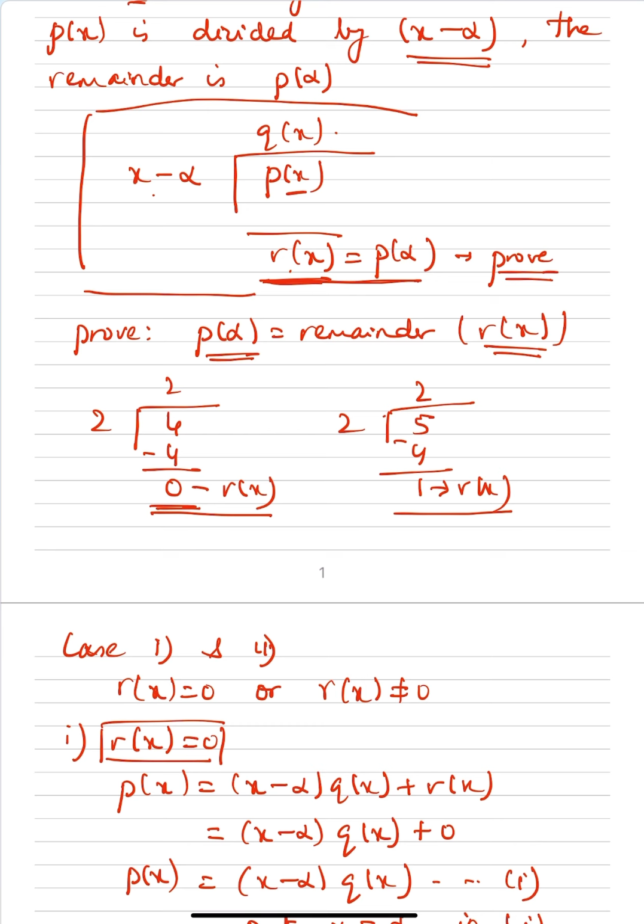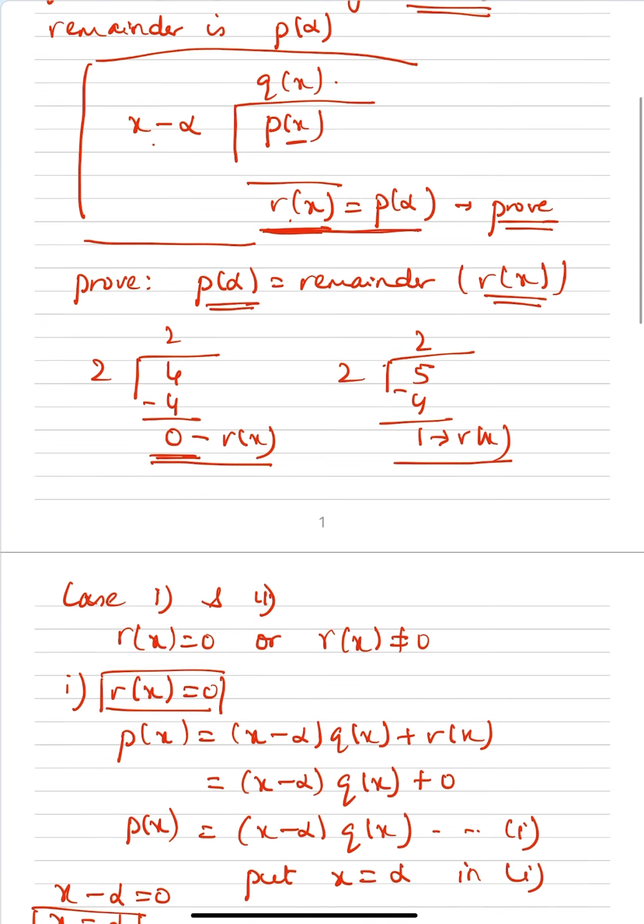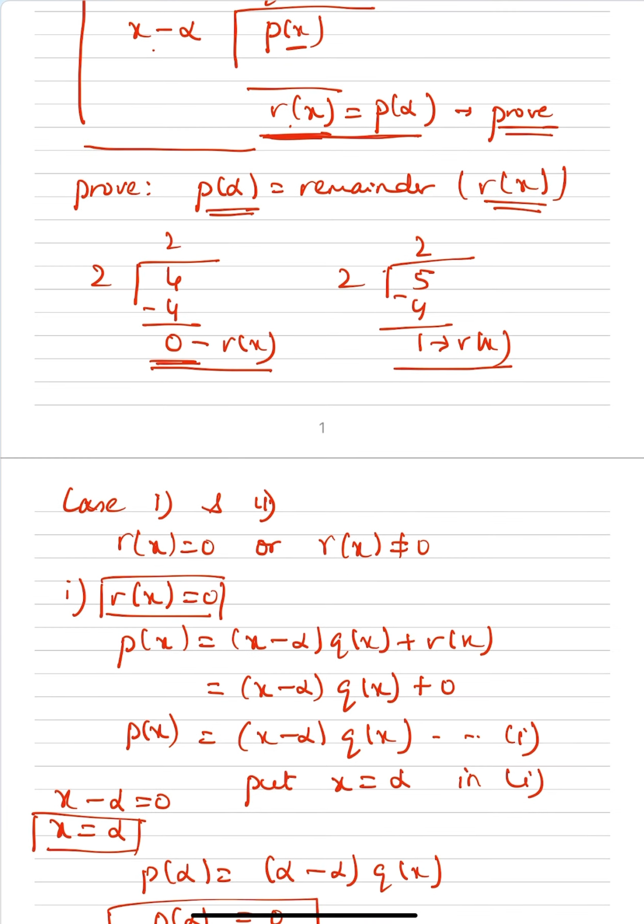We have to prove that this r of x is nothing but P of alpha. That means when I put the value alpha in the given polynomial in place of the variable, the remainder should be P of alpha. Now see, for this we need two cases. One is the remainder equal to 0, and another is where r of x is a constant that is not equal to 0.